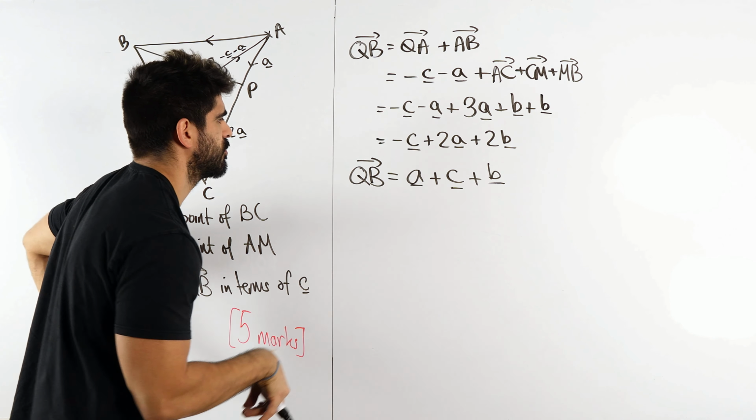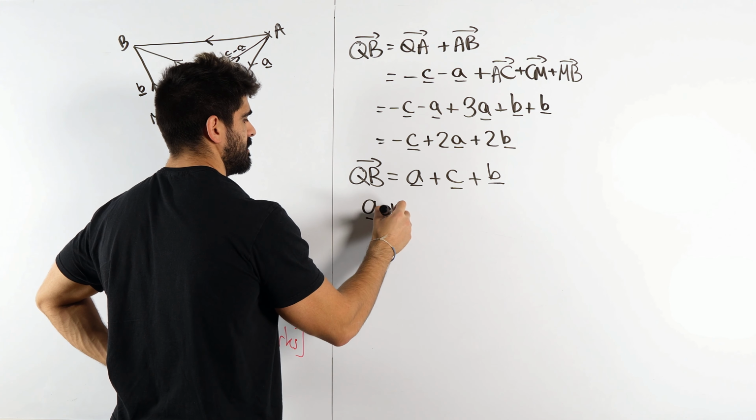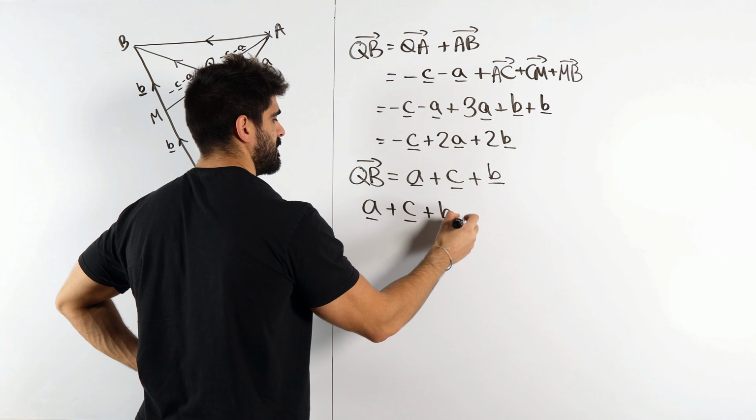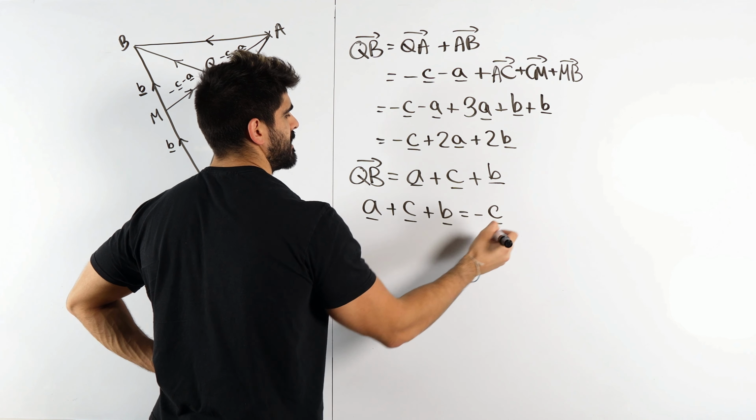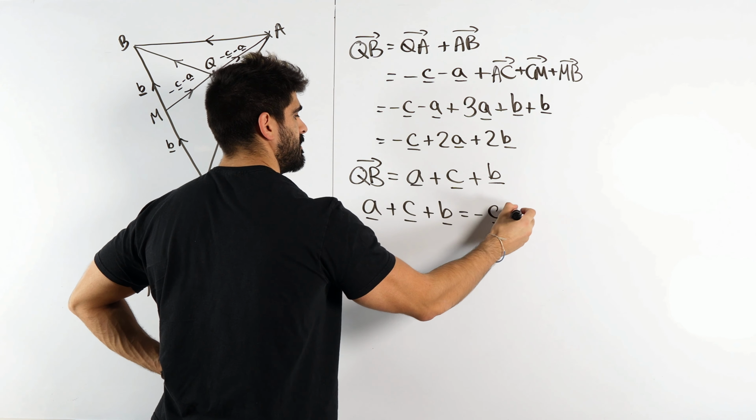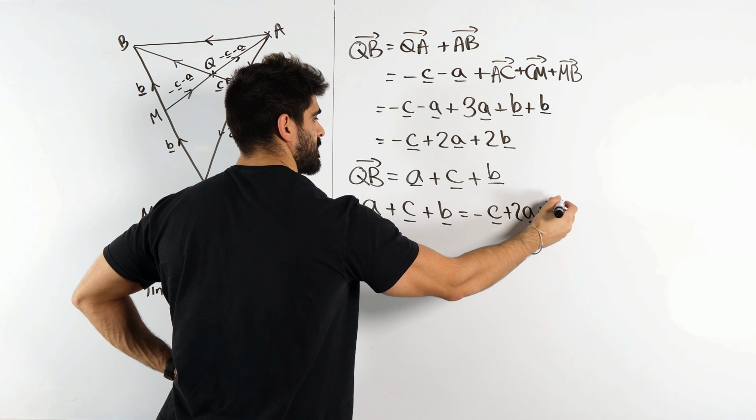So what must be true? So A plus C plus B, this thing is equal to this thing, minus C plus 2A plus 2B.